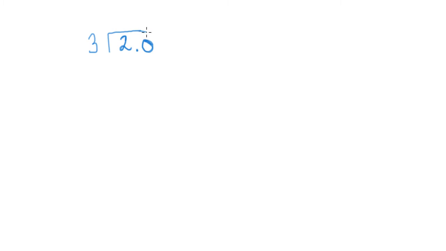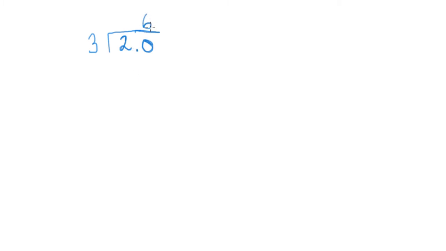So again, that's just using the structure of the base 10 system that comes built in with our numbers. It's the same thing like when we see 20, we can think about that as 2 tens or 2 1s. So now I want to think about this 2 as being 20 tenths. And now I can actually do this division. Because how many times does 3 go into 20? Well, 6.